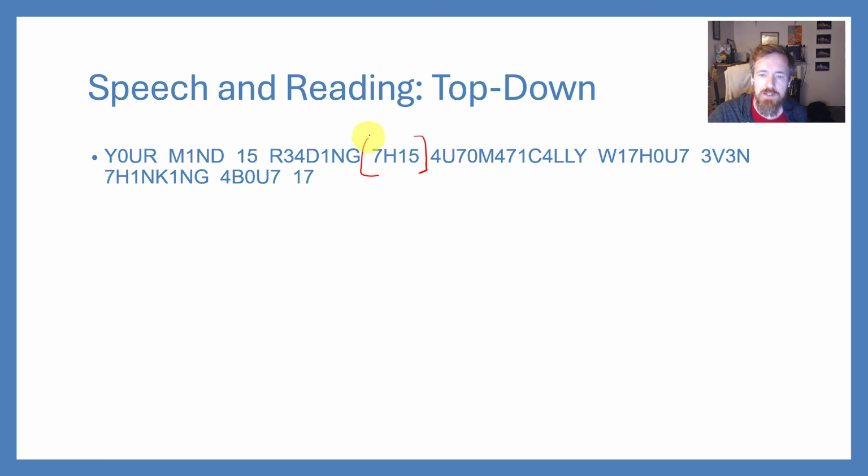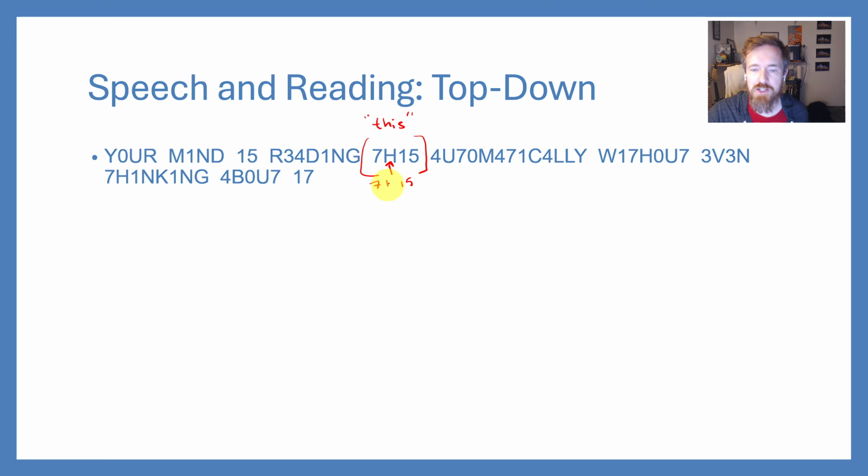You were able to read this very easily as the word this, right? Even though there's really only the letter H here, and then the other three symbols are numbers, right? So we have the number 7 and we have the number 15.